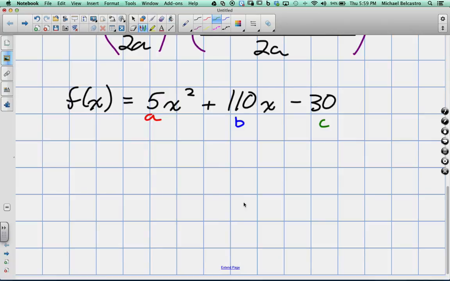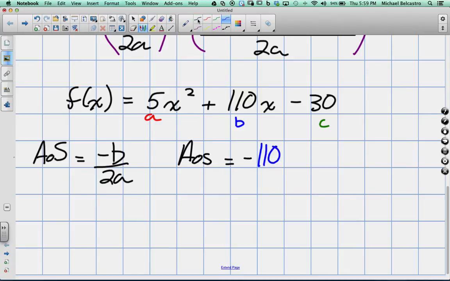We're going to plug them into that little formula for the axis of symmetry, negative b divided by 2a. So our axis of symmetry is negative 110 divided by 2 times our a value, which is 5. That means it's negative 110 over 10, which gives us negative 11. So our axis of symmetry is at negative 11.